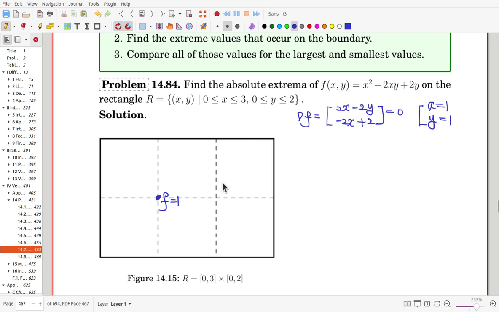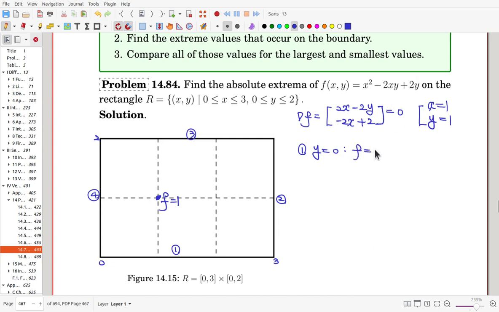Now, along the boundary, we have to decide the maximum and minimum. That is the first side, the second side, the third side, and the fourth side. For the first side, the y value is 0.